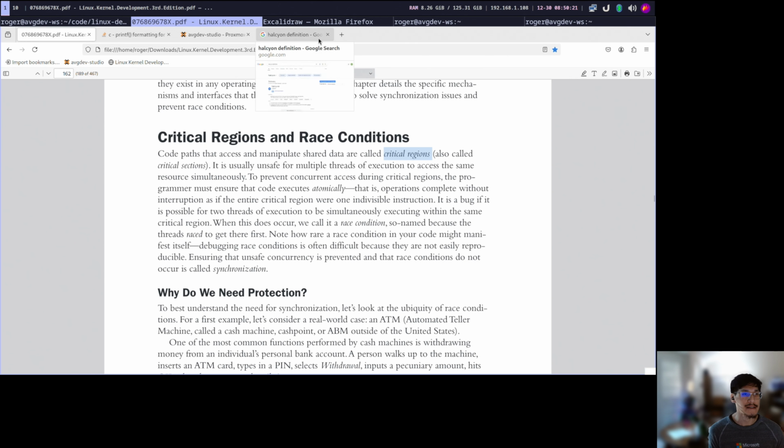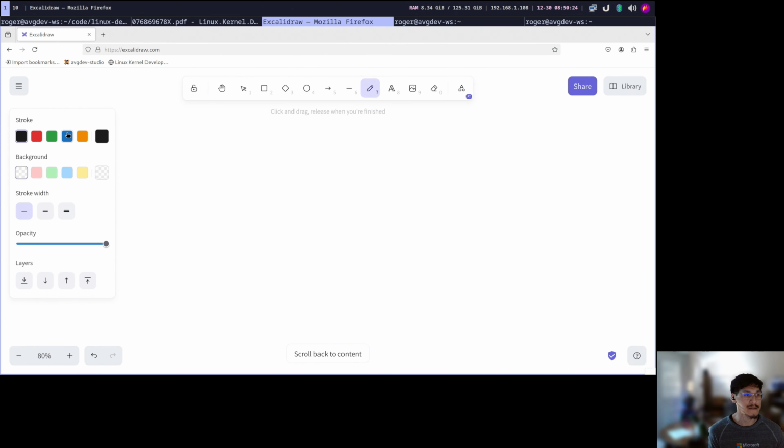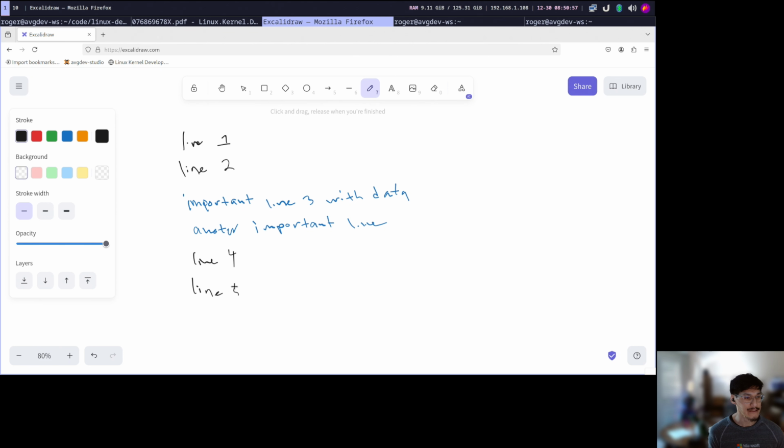So let's say you had some code: line 1, line 2, and then some important line 3 with data, and then another important line, and then line 4, then line 5.